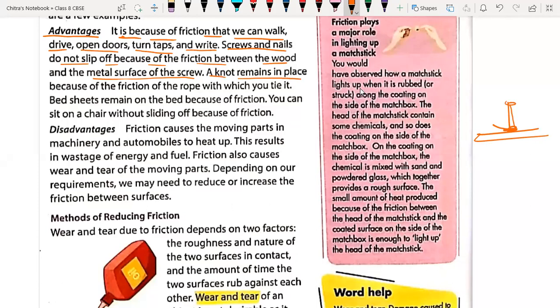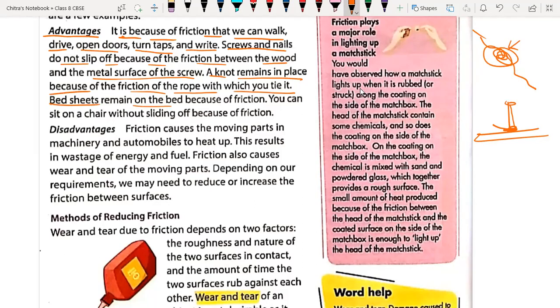A knot remains in shape because of the friction of the rope with which you tie it. Sometimes you tie two ropes together, and they do not open up, due to friction only. So friction has many benefits in our day-to-day life.